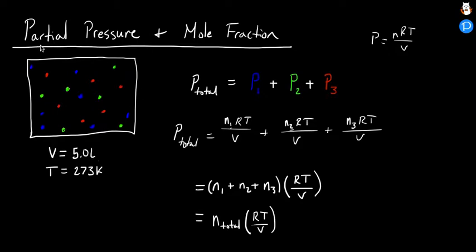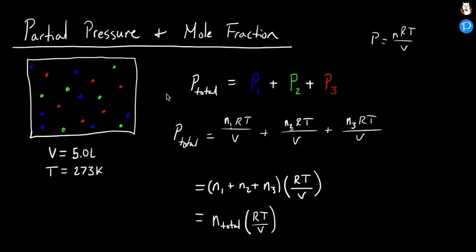When we're talking about partial pressures, what are we talking about? Let's say I have a container here that has three different gases. So we've got these blue molecules, green ones, and red molecules in this container that has a volume of 5 liters. And let's say that the temperature of this container is 273 degrees Kelvin.